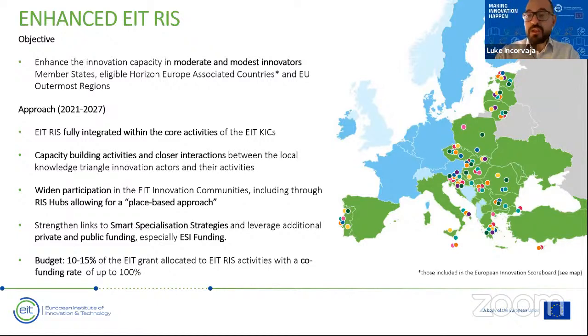We will now be investing between 10 and 15% of the EIT's grant in EIT RIS activities. Additionally, the co-funding rate for EIT RIS can be up to 100%, with the aim of making these activities as attractive as possible to participants.